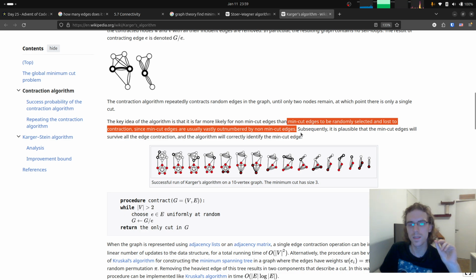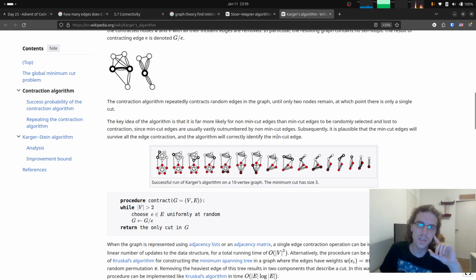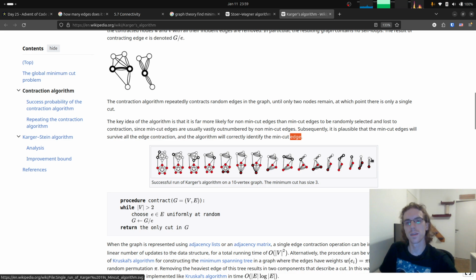So because the min cut edges that we want to find, actually we know that there's only 3 of them. Subsequently, it is plausible that the min cut edges will survive all the edge contractions and the algorithm will correctly identify the min cut edge. Okay, so if in the end you get to 3 edges, successful run of a Karger algorithm on a 10 vertex graph, the minimum cut has size 3.